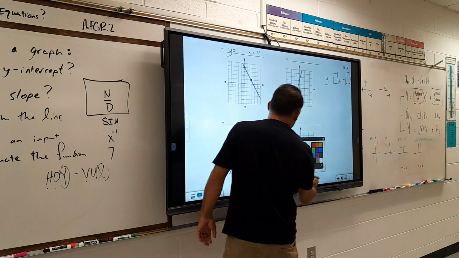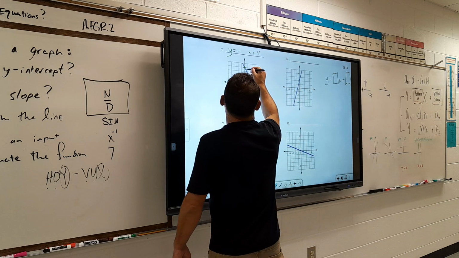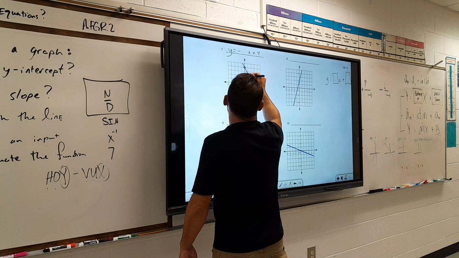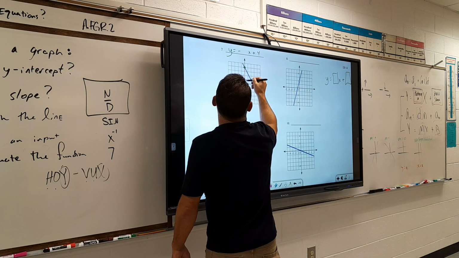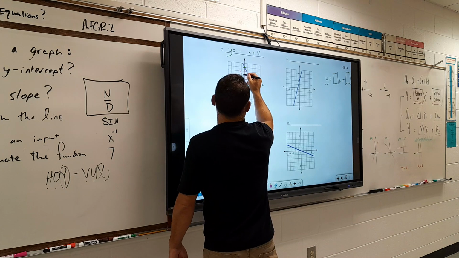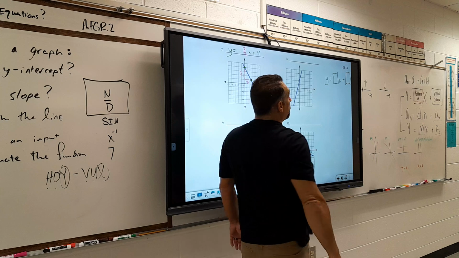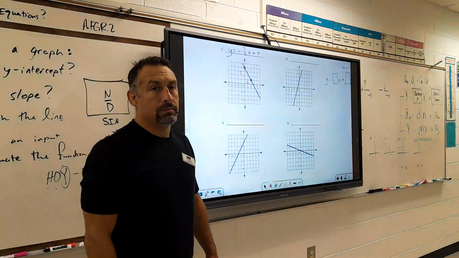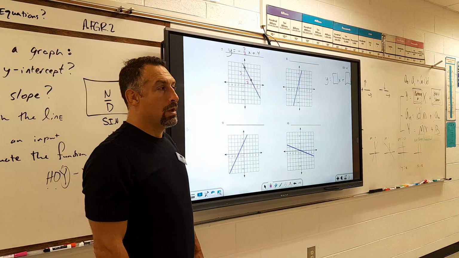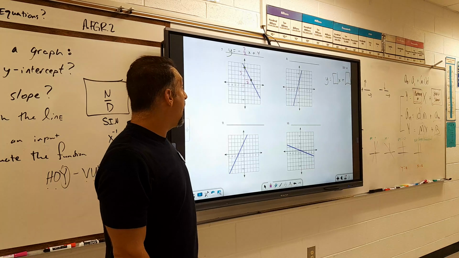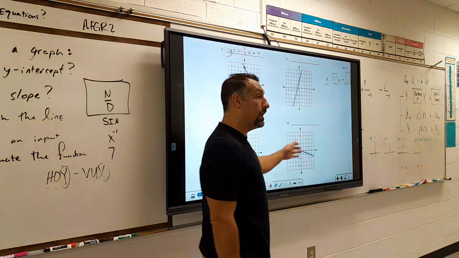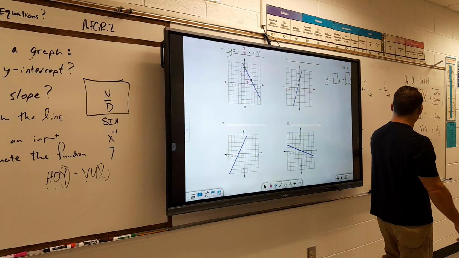But we gotta find the slope. So we look at our little stairs. How many down did it go? 3. And how far over? 2. -3/2 is going downwards from left to right, just like one of our 4 pictures, this one.